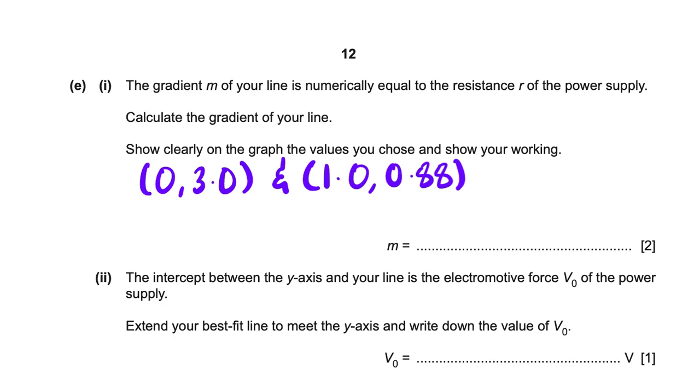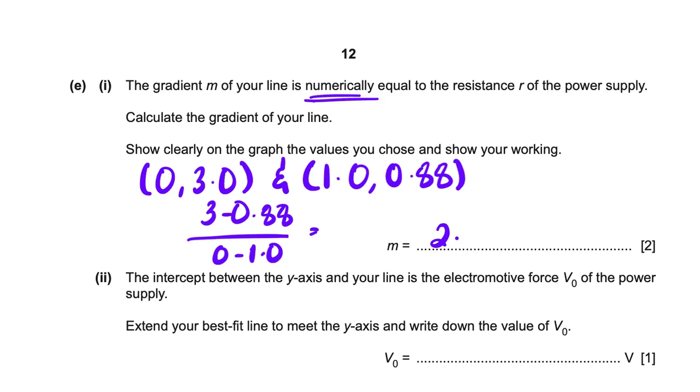So change in y over change in x. So 3 minus 0.88 over 0 minus 1. So 3 minus 0.88 is negative 2.12, but it says numerically equal, so I'll just drop the negative sign. So this is 2.12 volts.